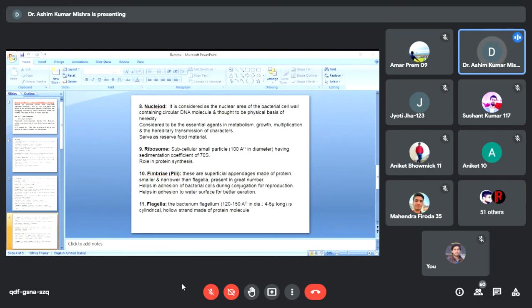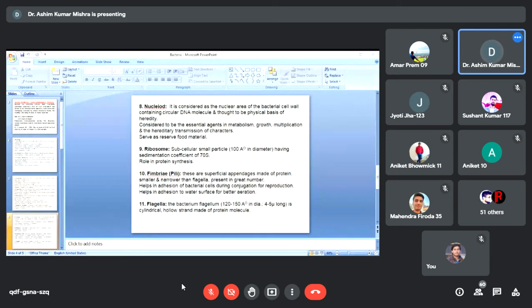So ribosomes also have a role in protein synthesis. Then pili, also known as fimbriae, or sex pili. These are superficial appendages made of protein, smaller and narrower than flagella.